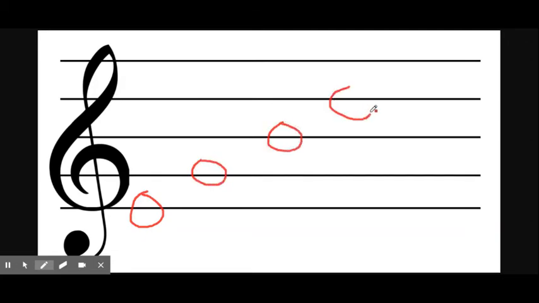There are 5 lines on a musical staff, and the note letters are like this: E for the bottom line, G, B, D, and at the very top we have F. Now, a really easy way to memorize the order of these line notes are every good boy deserves fudge, or every good boy does fine, or every good boy deserves fortnight, or whatever other acronym you were able to come up with.